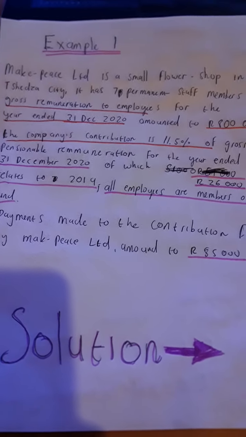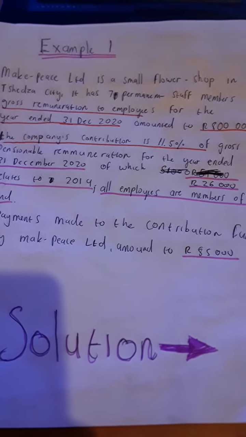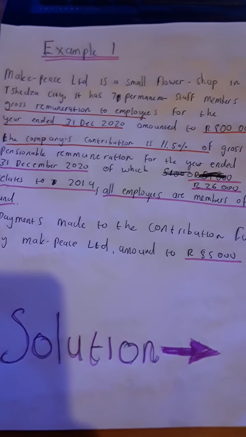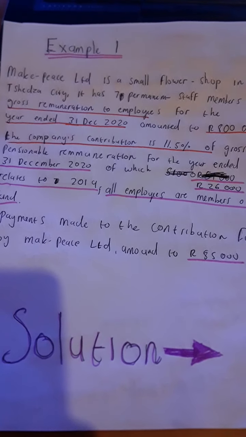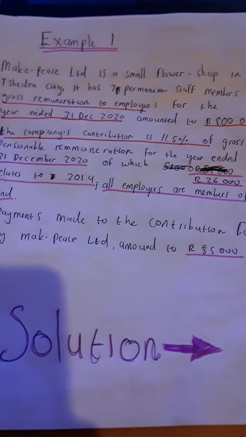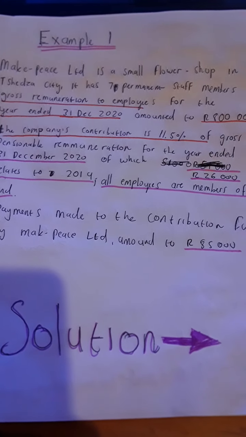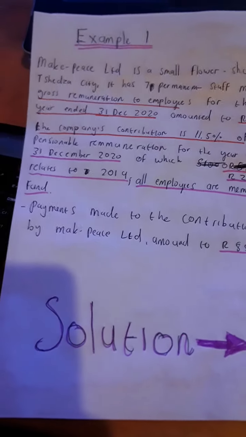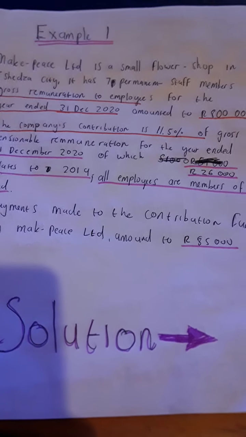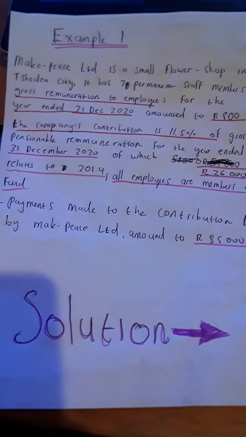The company's contribution is 11.5% of gross pensionable remuneration for the year ended 31 December 2020. This is the contribution to the Provident Fund. And 26,000 relates to the 2019 financial year. All employees in this company are part of the fund.